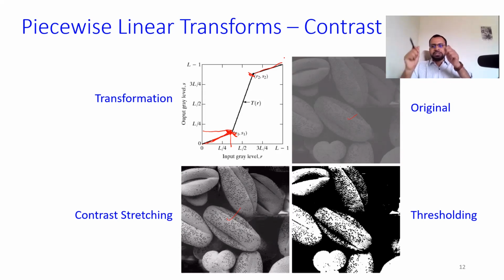Again, it is piecewise linear. You could consider how many pieces you want, but still it's not completely linear over the entire range, but it is a piecewise linear transformation that you are doing.